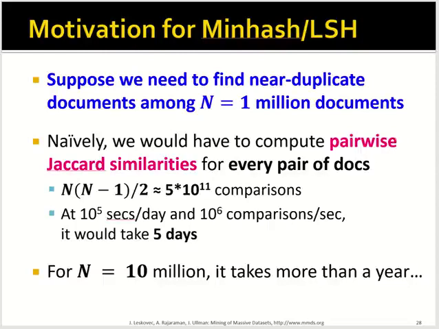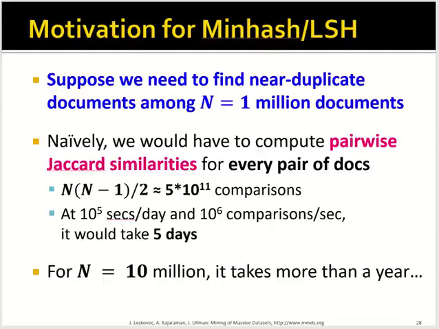The motivation for minhashing can be illustrated with an example. Suppose we need to compare 1 million documents to find the near duplicate documents.